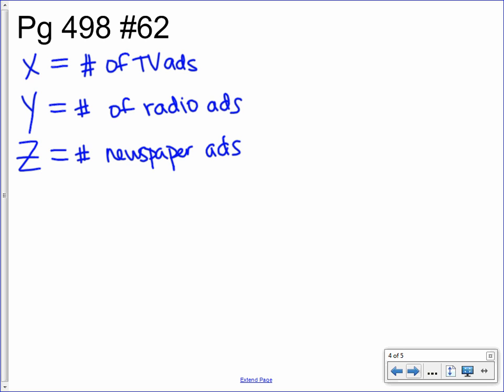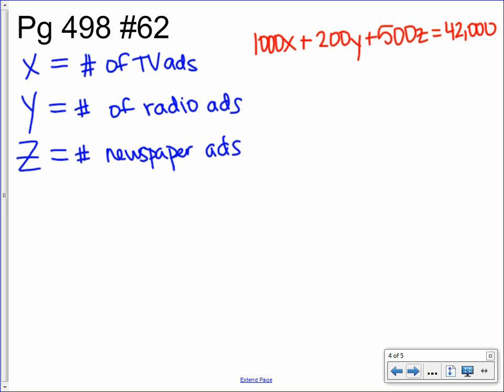So it's 1,000 times X plus 200 Y plus 500 Z equals 42,000. Okay, so one equation is our budget.